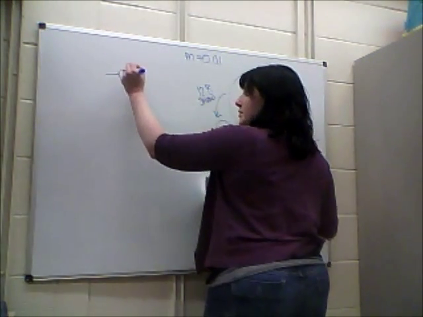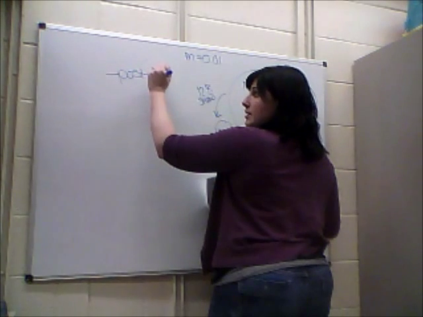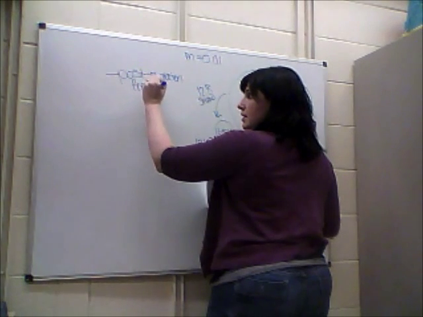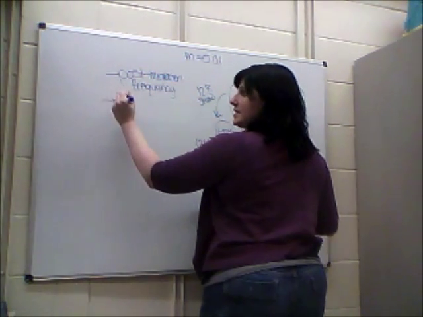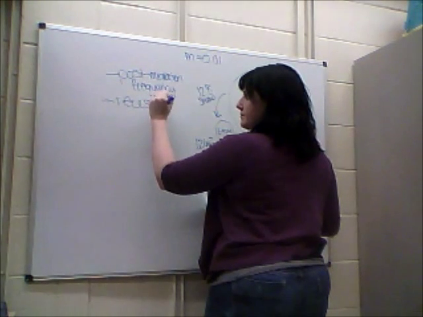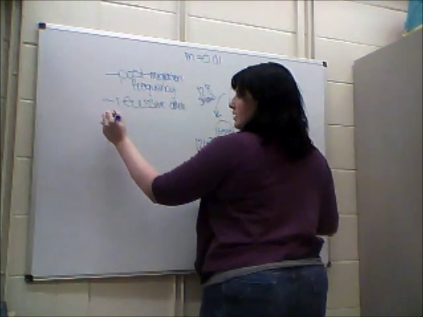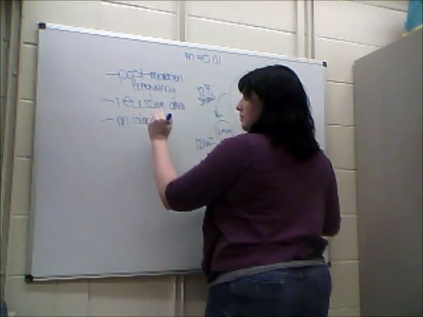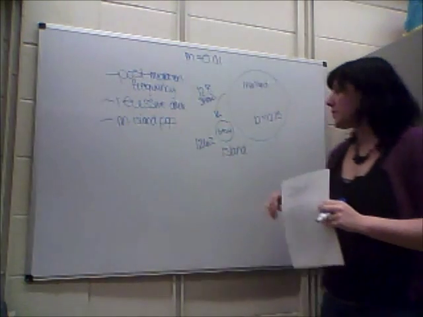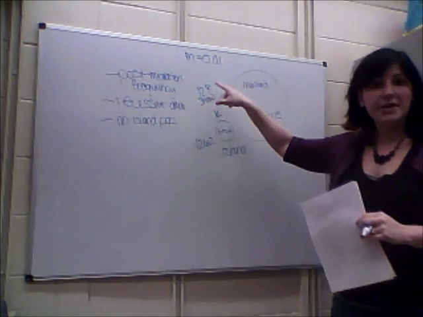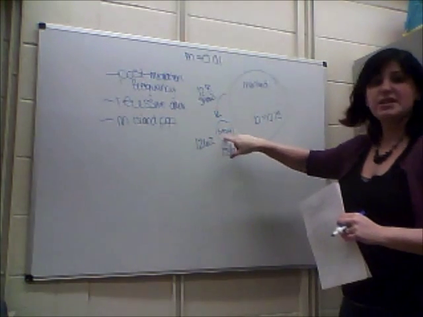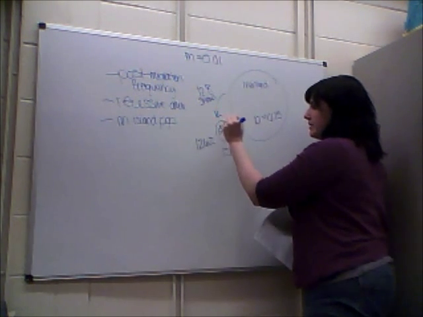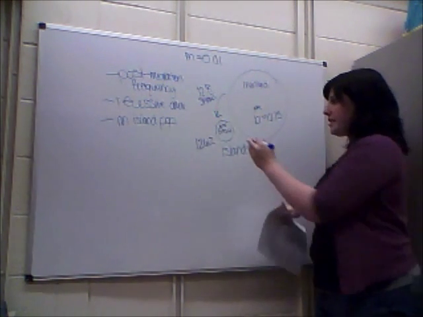So post-migration frequency of recessive allele in island population. So we want to know this little b, after these 12.8 snakes come over, what does it change to? This little b is pre-migration in both populations.